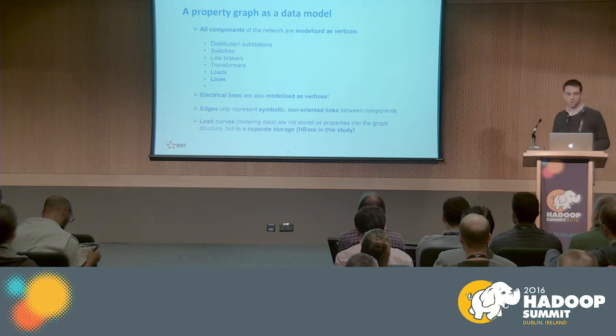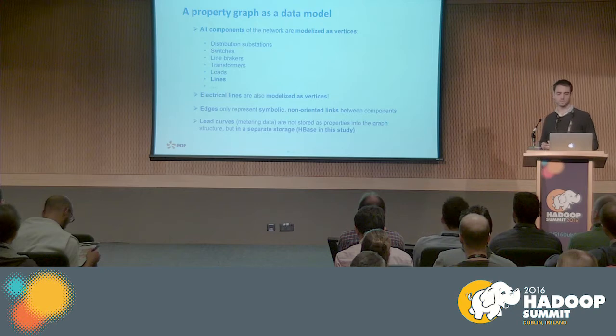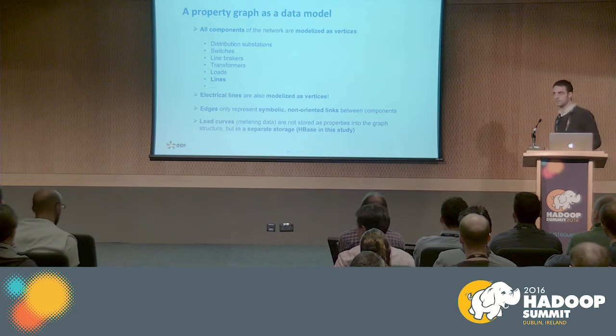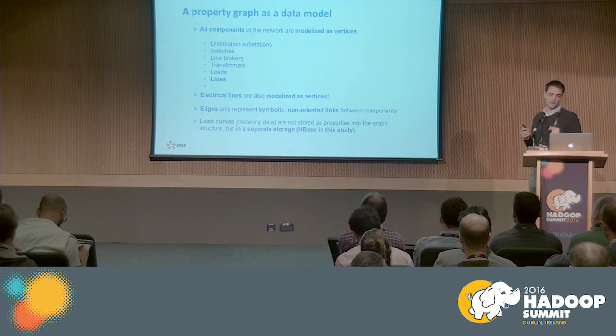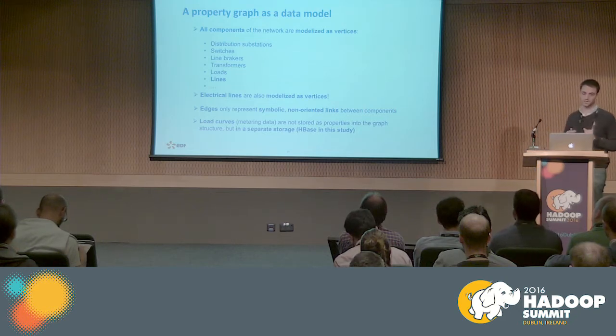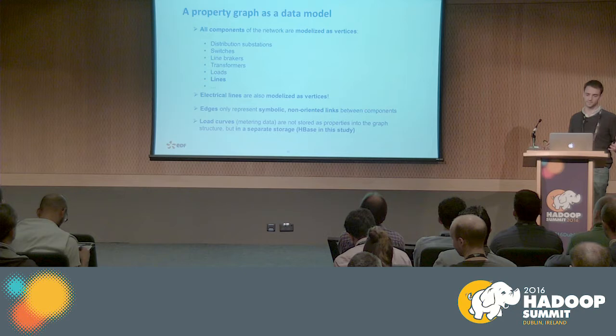In this study, all components of the network are modelized as vertices. For instance, we have distribution substations, line breakers, switches, transformers, loads, and even lines. I insist on the fact that we have also modelized lines as vertices. Indeed, a line is also a technical equipment and not a link between two components.